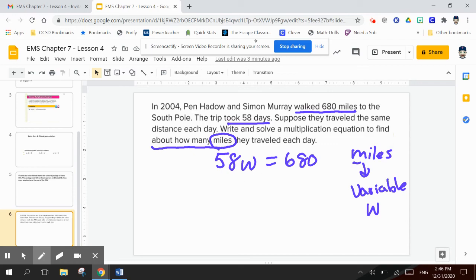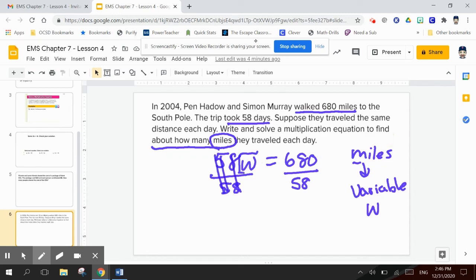So to solve a multiplication equation, I do the opposite, which is to divide. I divide each side by my coefficient, the number that's connected to the variable. 58W divided by 58, those numbers cancel out.